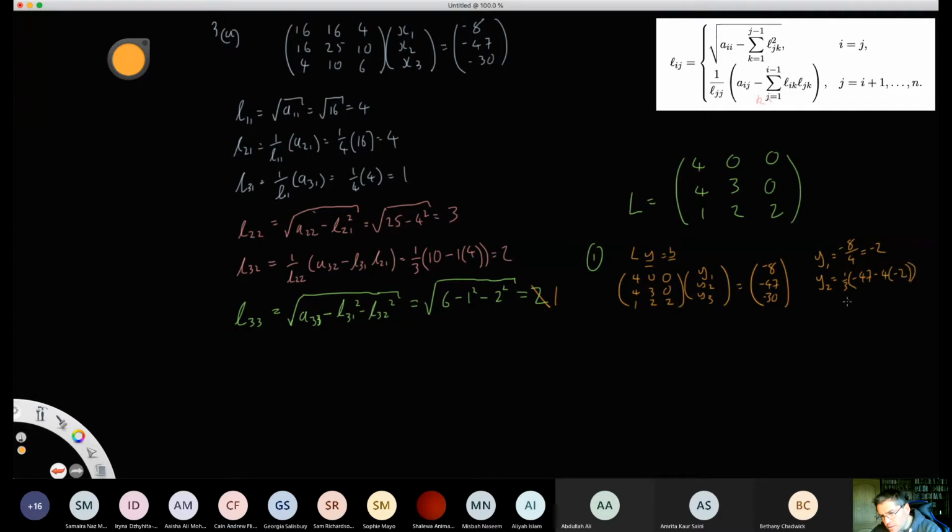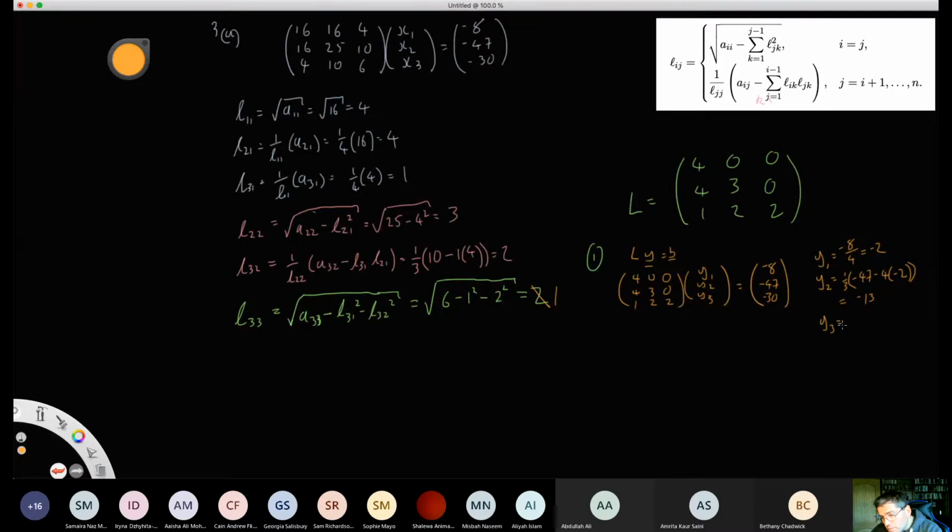Quite a lot of minuses here. So that's going to be minus 47 plus 8. That's going to be minus 39 divided by 3 is minus 13. I was worried then. I thought it was going to give me a nasty number.